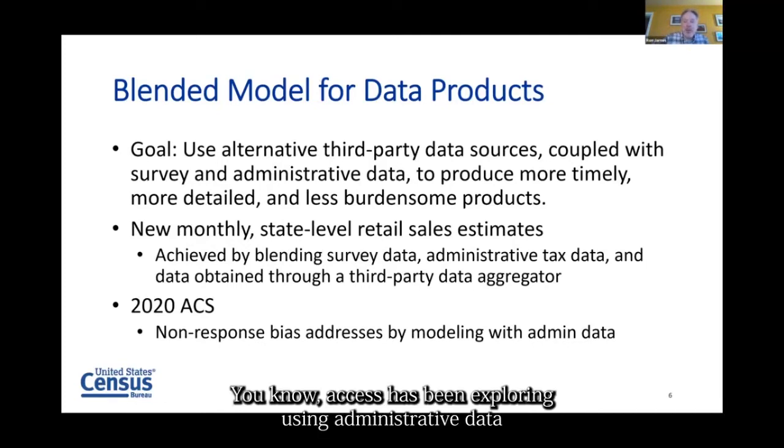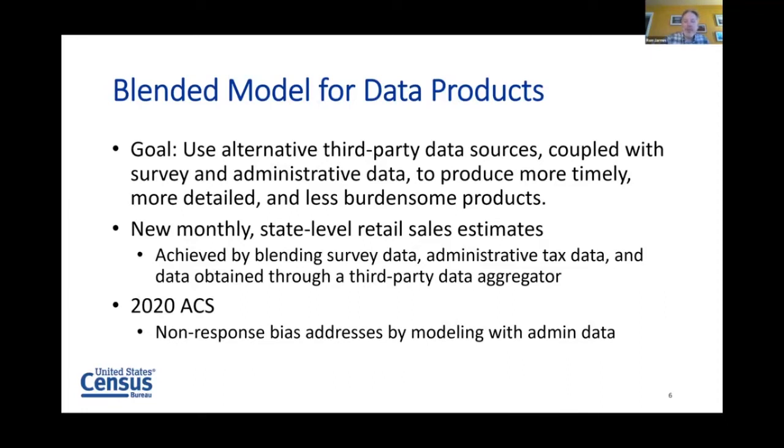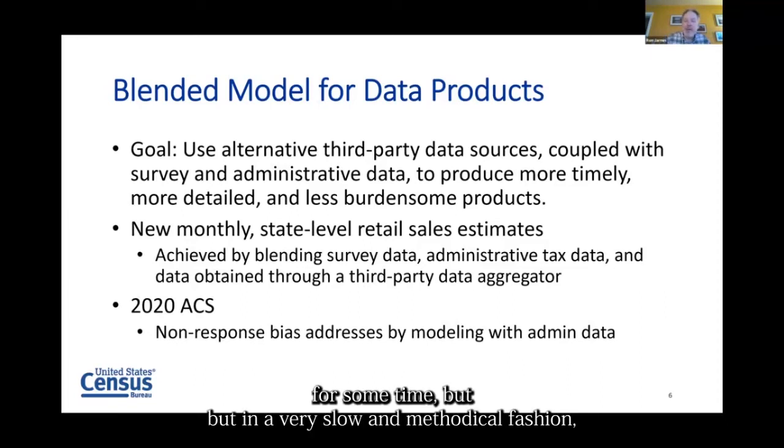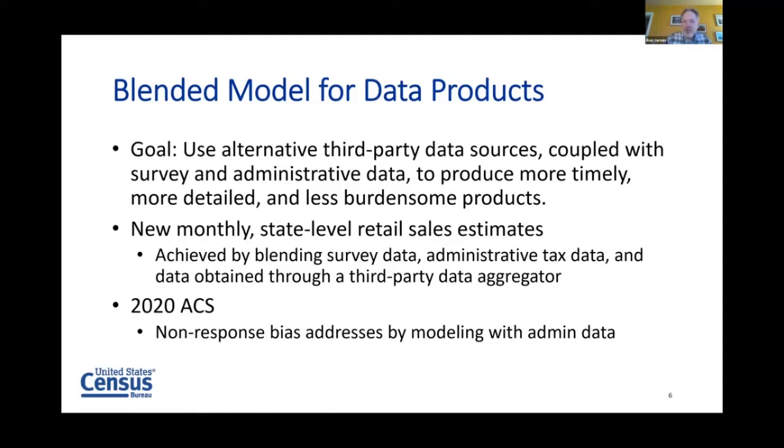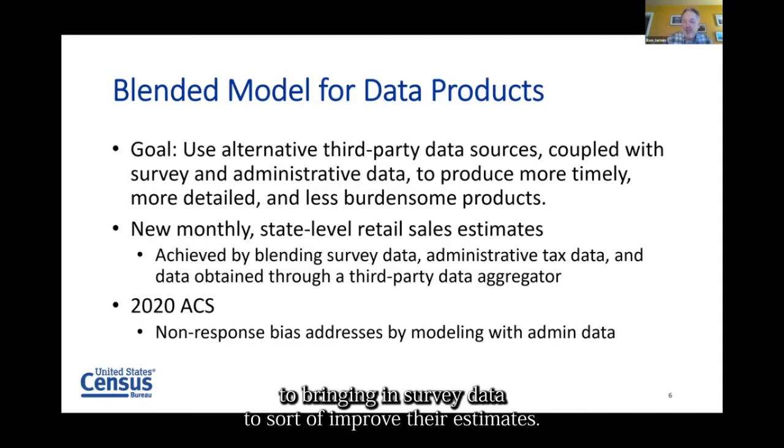ACS has been exploring using administrative data for some time, but in a very slow and methodical fashion. I think that this shock has sort of given that new urgency to bringing in administrative data to sort of improve their estimates.